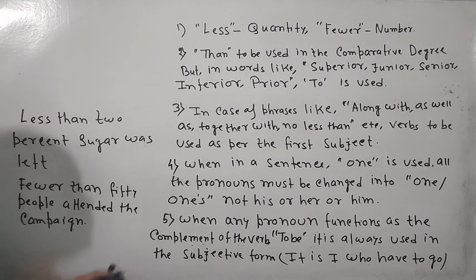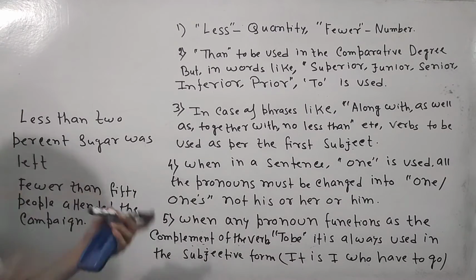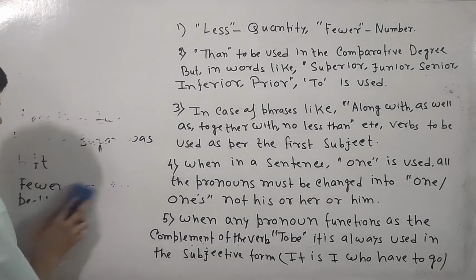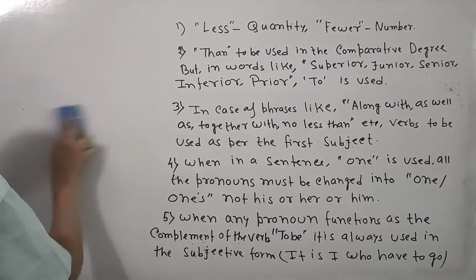So in case of using a Latin comparative, we should always use to instead of than, even though the degree is comparative. So it is not that we always use than in the comparative degree.